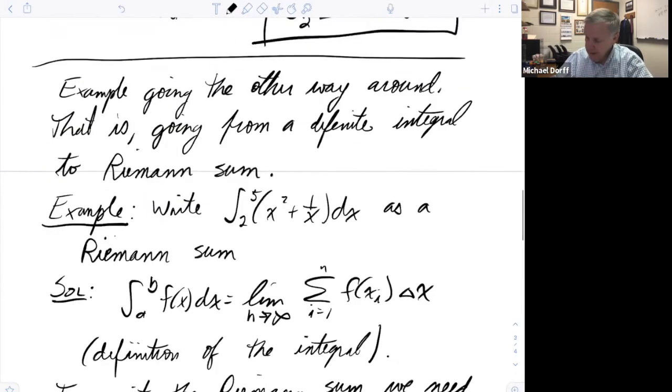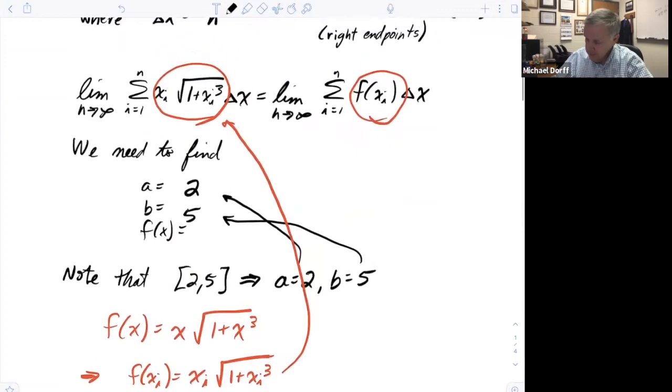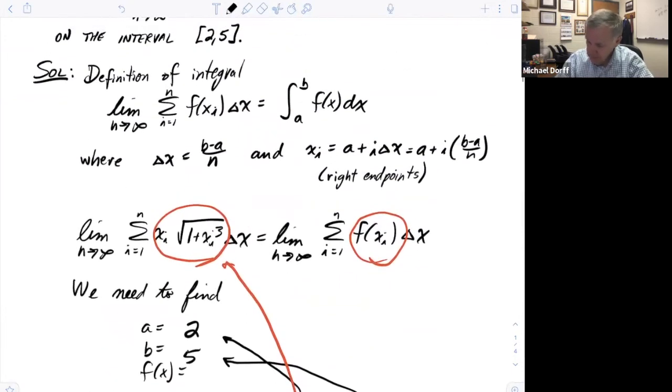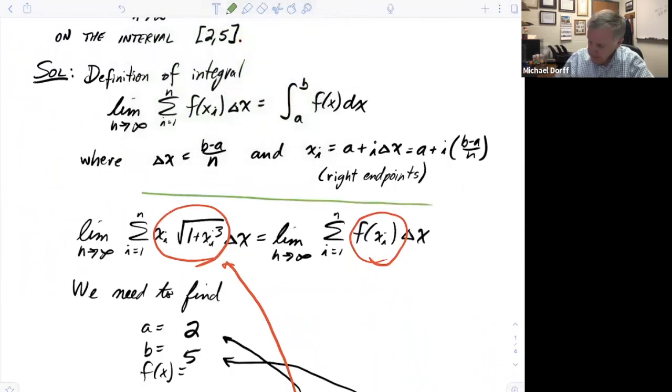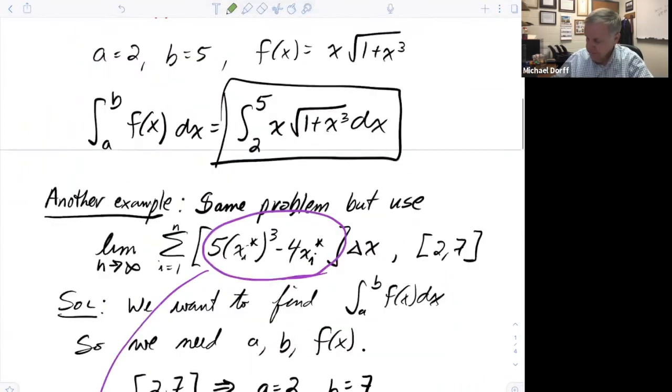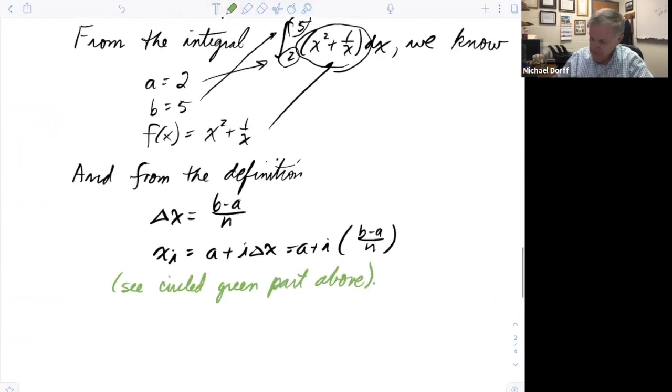That comes back to the very beginning here somewhere, right up here. That comes from this part right back here in the beginning. Okay. So see circled green part above. Okay, that's where this all comes from.